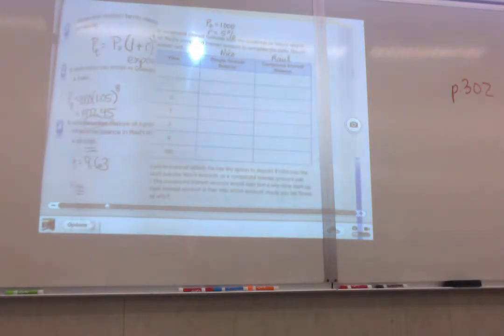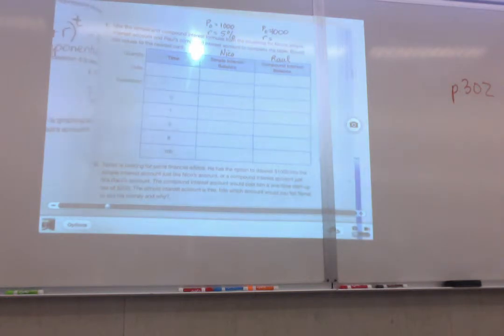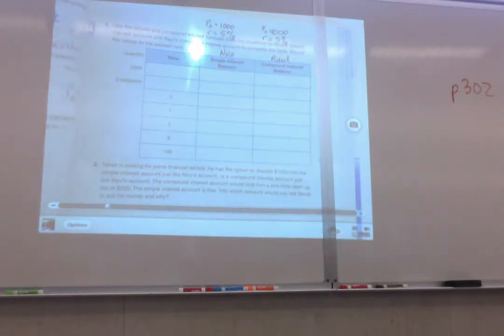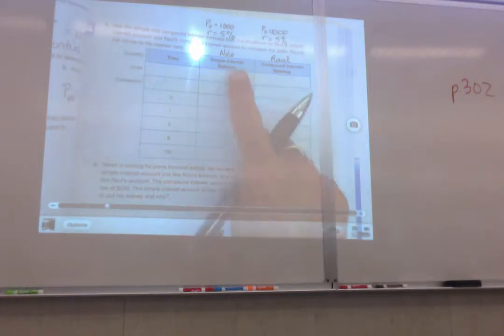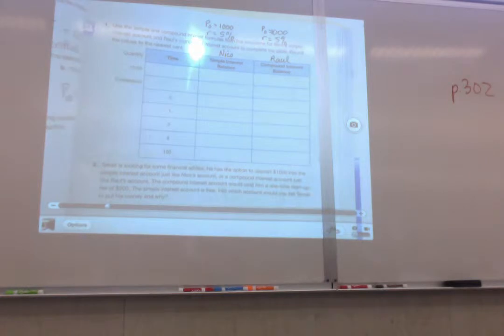Raul also started out with $1,000. And his rate, I'm looking on page 300, was also 5%. That makes it easy. Both of them started the same, $1,000, 5%. What's different is simple interest has a different formula to figure it out.